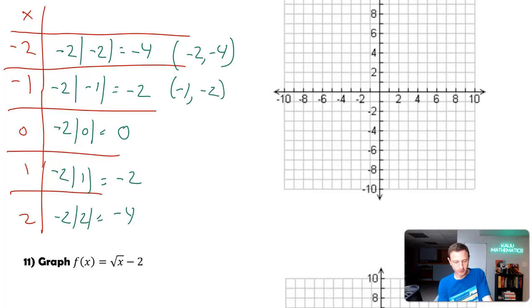Negative 1, negative 2. 0, 0. 1, negative 2, and 2, negative 4.